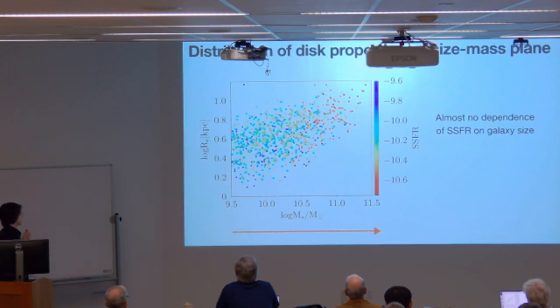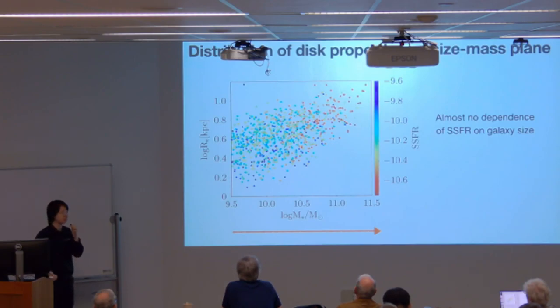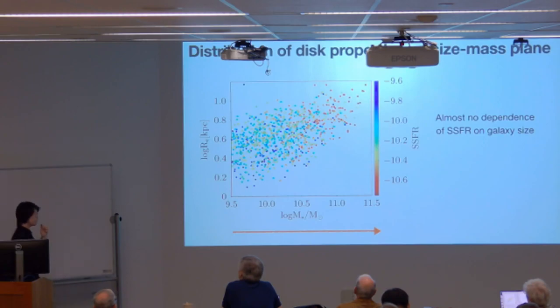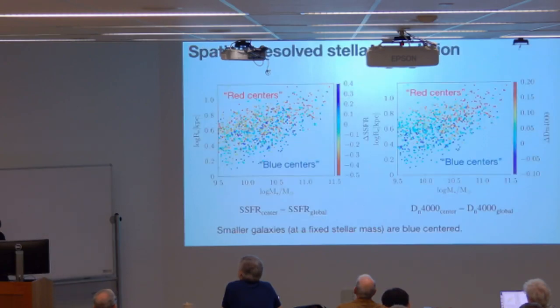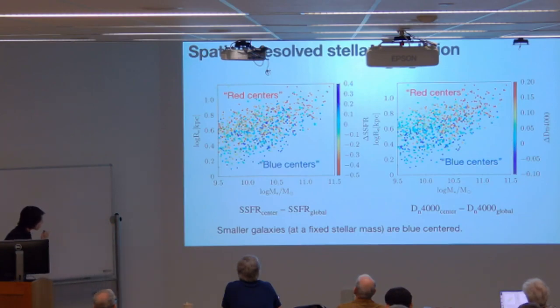But the advantage of MaNGA galaxies is that we have spatially resolved maps of the stellar population properties, so we can investigate the spatially resolved properties of stellar population and specific star formation rates. What we are doing here is calculating the difference between central and global specific star formation rate, and also the age indicator, which is D4000.